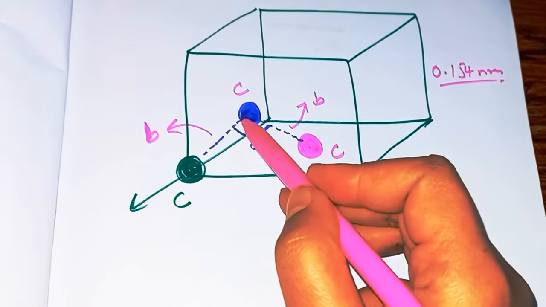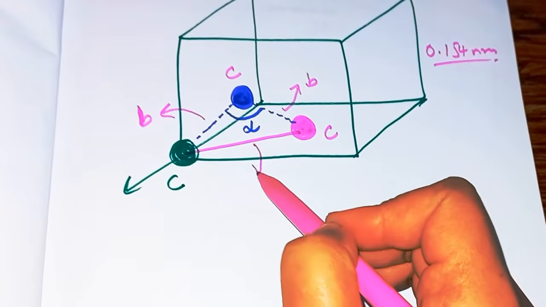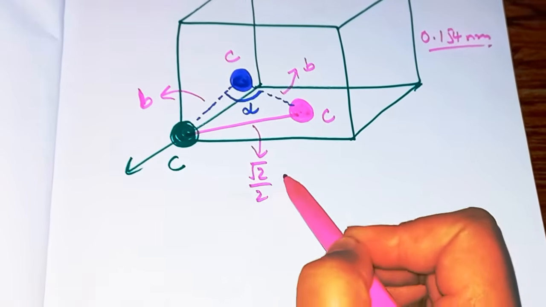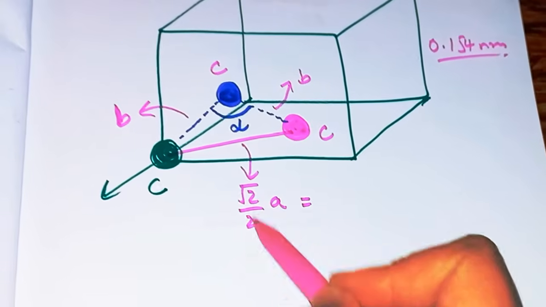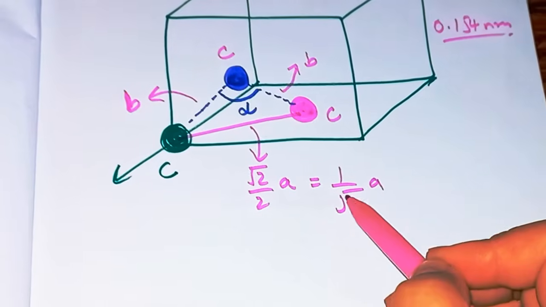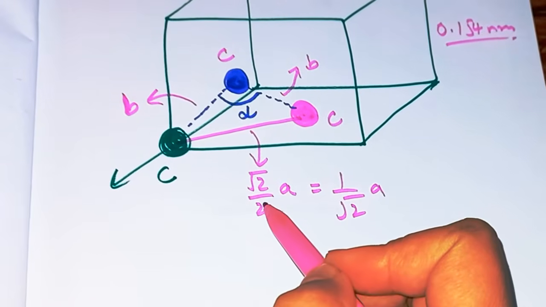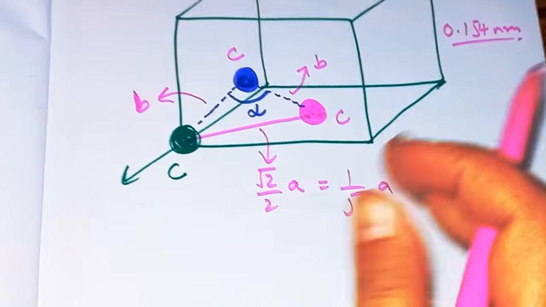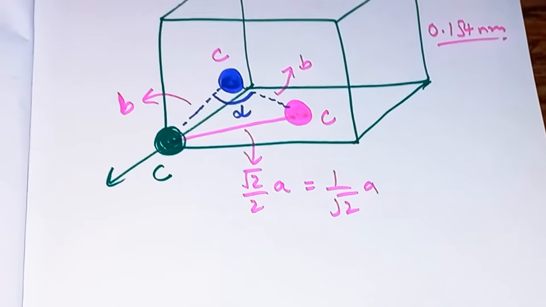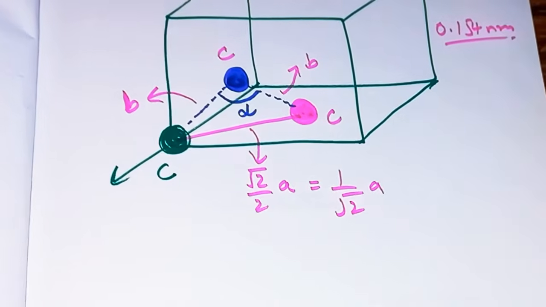So that is why these two lengths are B. And this length that we calculated right now is root 2 by 2 A, and you can even write it as 1 over root 2 into A. You can do it on a calculator. It's just like we have 2 to the power 1 by 2 and 2 to the power 1, so if you take it above, subtract the powers, and you'll get this. You can use this and this as well. It's totally up to you.